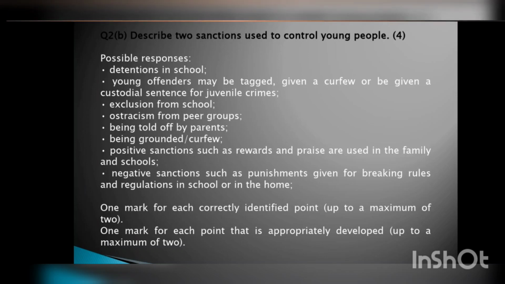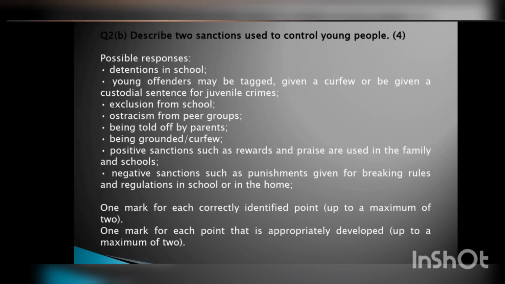Detentions in school, young offenders may be tagged, given a curfew, or be given a custodial sentence for juvenile crimes, exclusion from school, ostracism from a peer group, being told off by parents, being grounded, curfew. Positive sanctions such as rewards and praise are used in the family and schools.